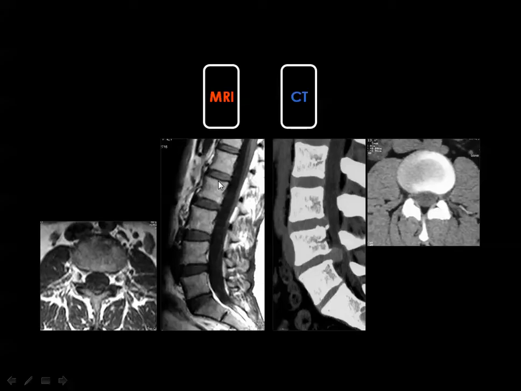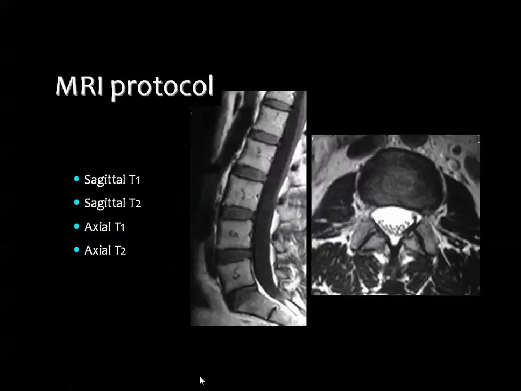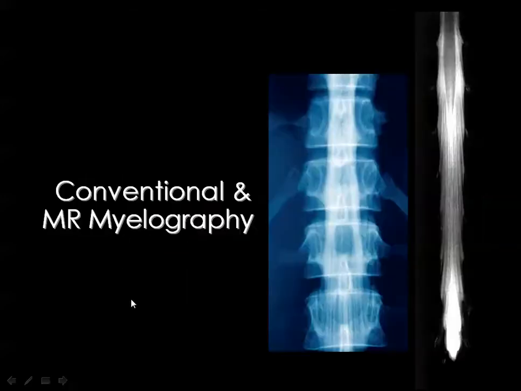The vertebral end plate is black in T1, T2 and any other pulse sequence. Then also you can discriminate between the axial CT image and the axial MRI T1 weighted image. And the protocol of MR examination of any segment of the spine should include sagittal T1, sagittal T2, axial T1, and axial T2.